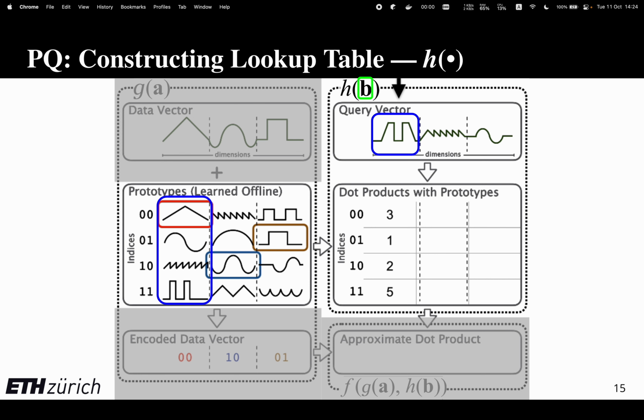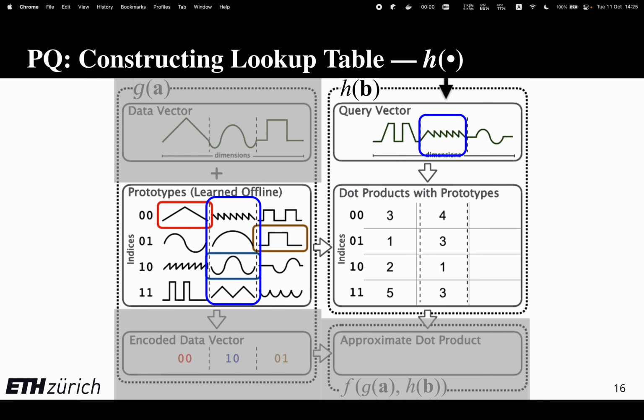And what we do next is compute the element-wise or Einstein product between this original data vector, not the encoded vector, with the corresponding prototypes. So for the first subspace, we compute for every single one of the prototypes all the results. We note down all the results in the table.